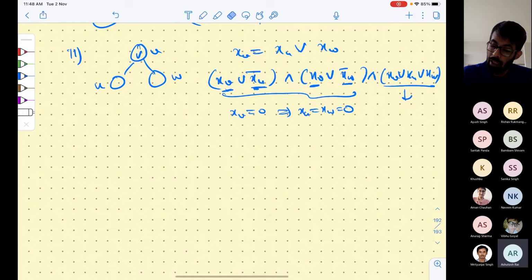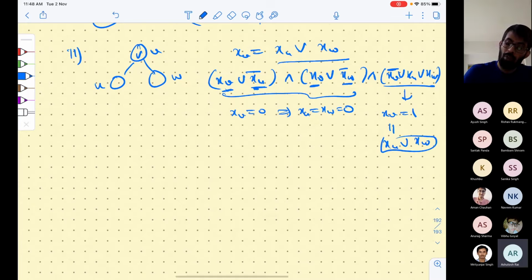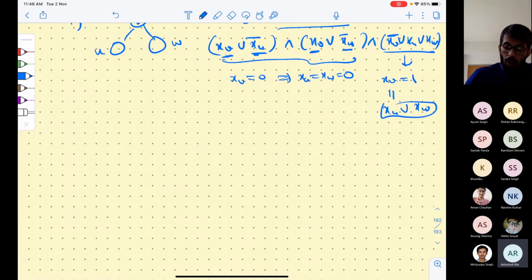That if xv is equal to 1, that means the formula should be xu or xw, which is fine, which is what its value should be, right? So this is for OR.